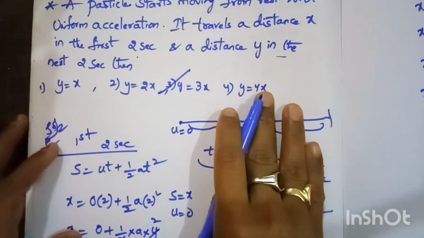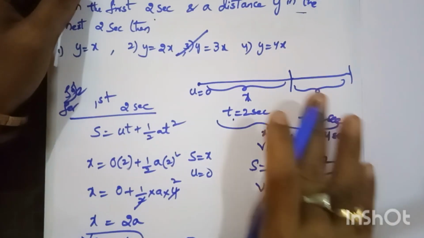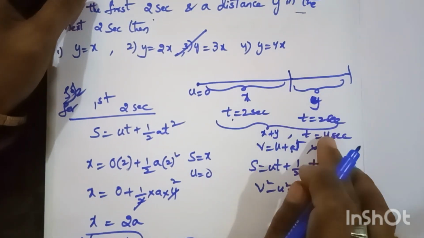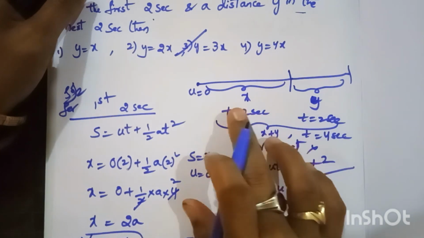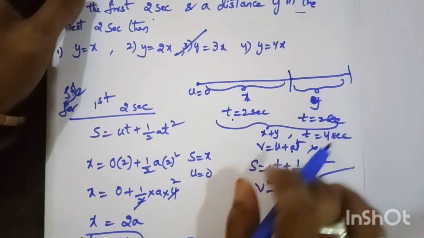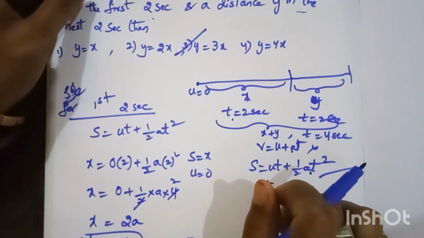You may feel, by observing this problem, some students get a doubt: for the next 2 seconds, why are we taking x plus y? We can take only the y distance and the time 2 seconds. We won't take it like this.